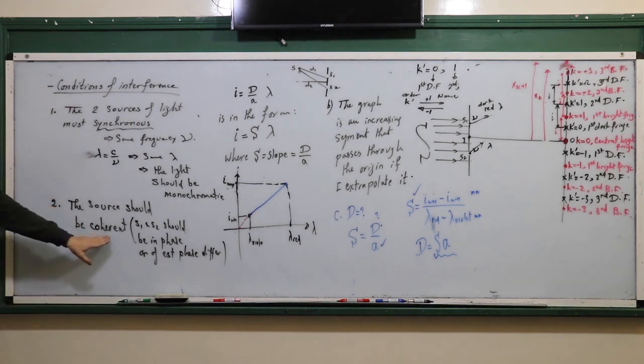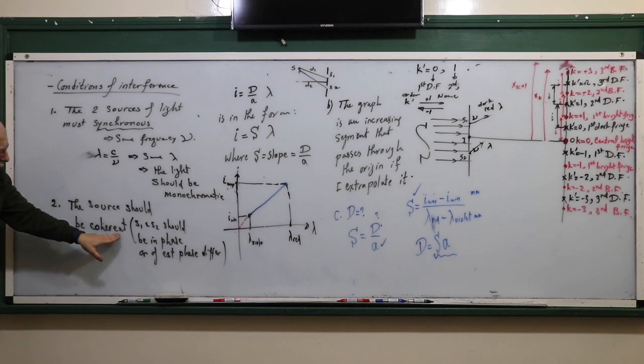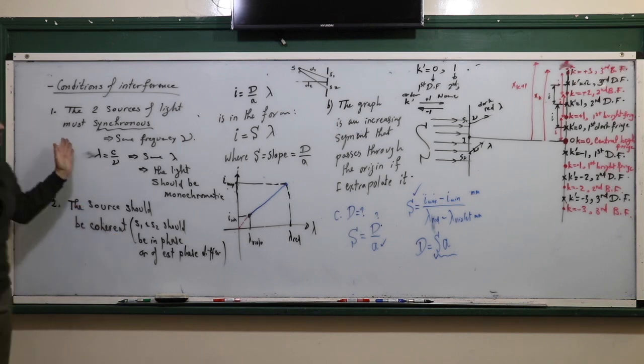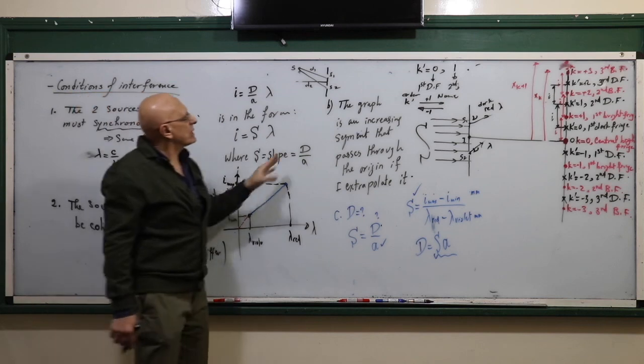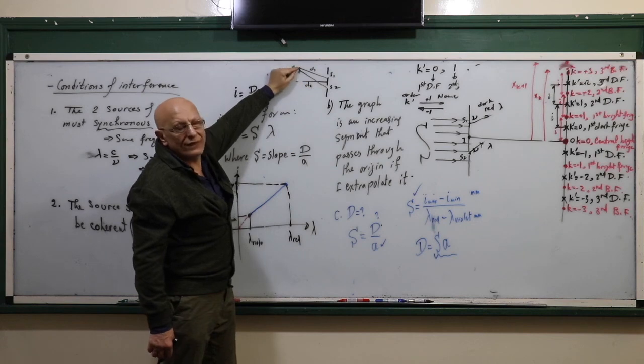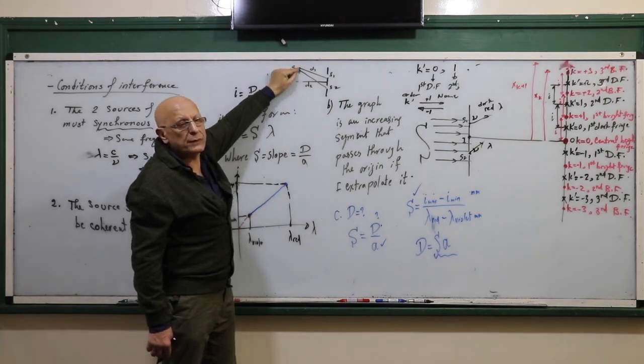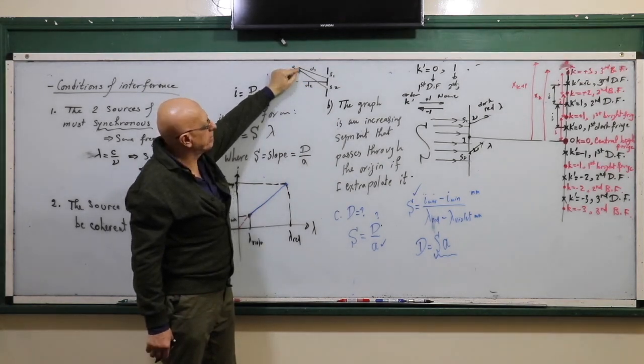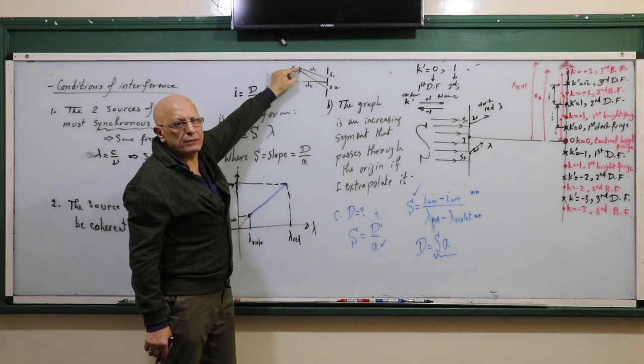And always, when you have coherent sources and monochromatic sources at the same time, the slits should receive light from the same source. Okay? This is very important.